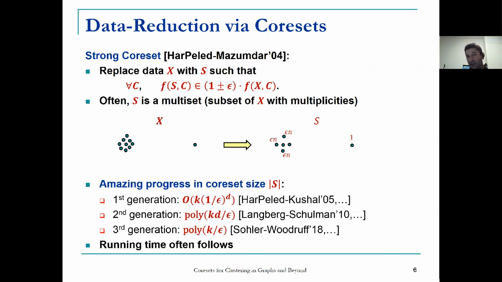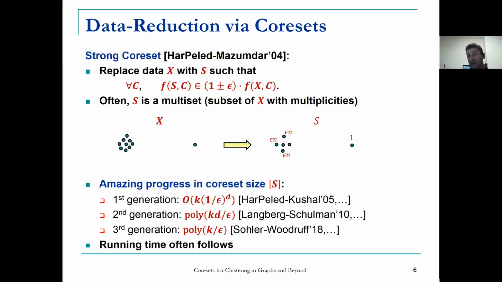Now, this first generation does not depend on the size of the input, so it goes down to a relatively small size, independent of how many points you started with. So the second generation sort of like removed the exponential or improved the exponential dependence into polynomial dependence on D. And then sort of like the third generation, which is like in the last couple of years, we get dimension free, independent of dimension.